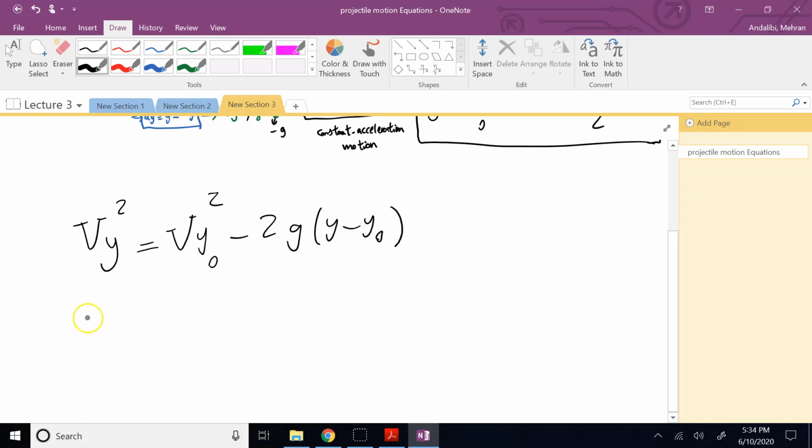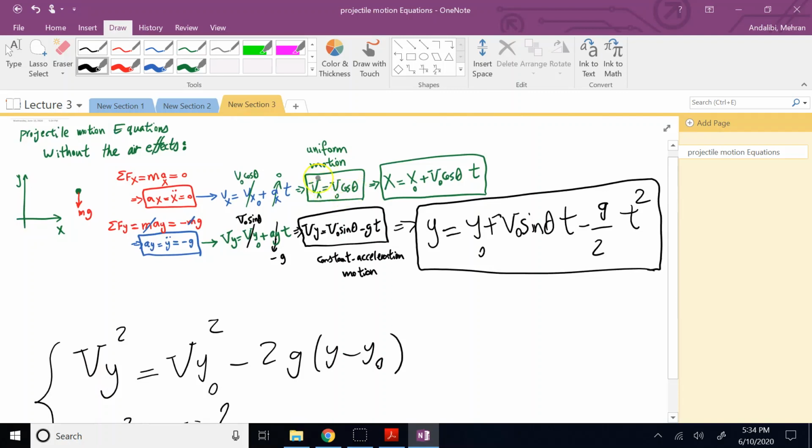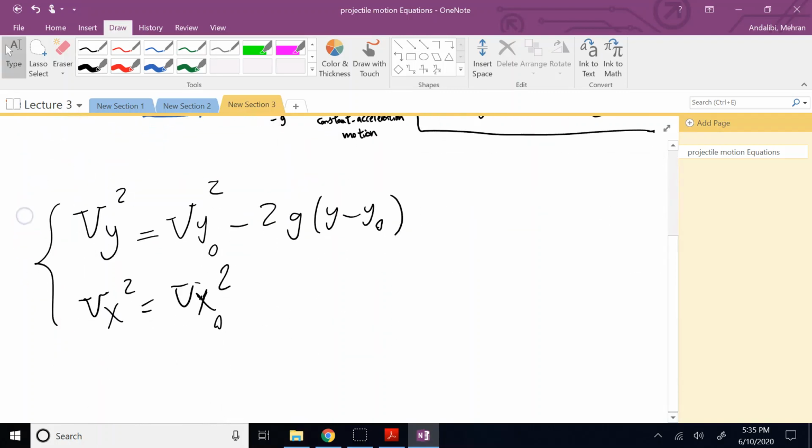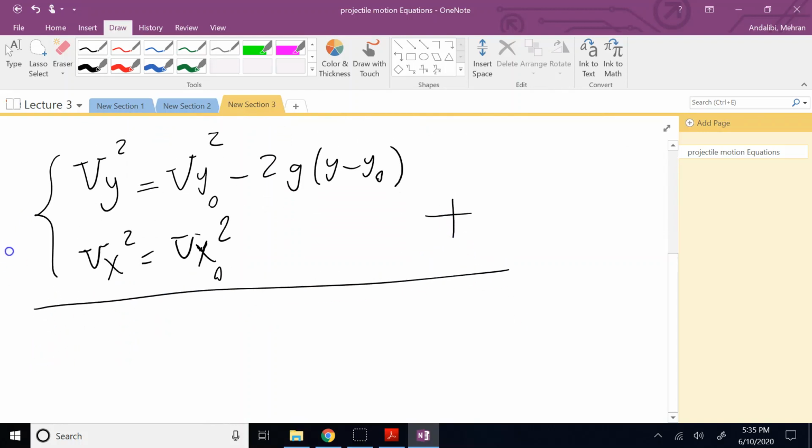In the x direction, I only have vx squared is equal to vx naught squared. But since the ax term is 0, the rest of it will be 0. So these two are time-independent equations. Of course, the bottom one says vx is equal to v naught of x, which is what I have over here in the green box. So it's nothing new. But now if I add these two guys together, what happens?